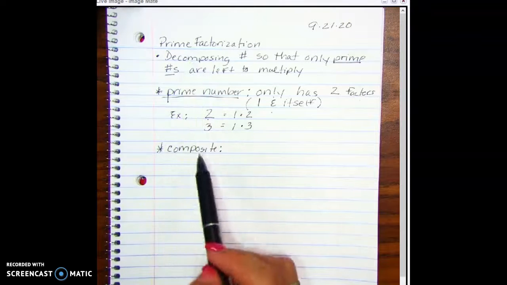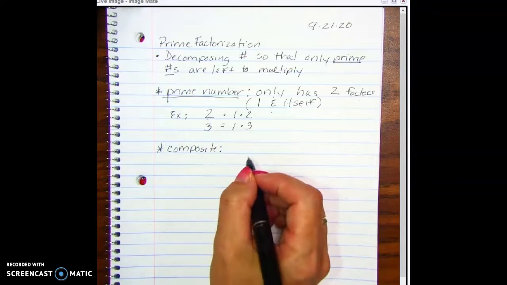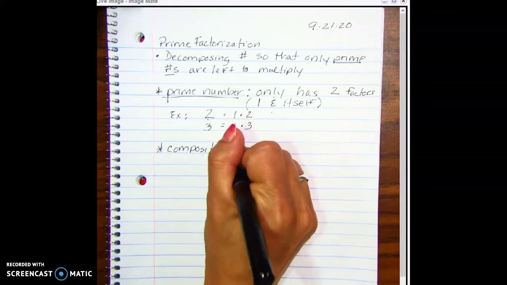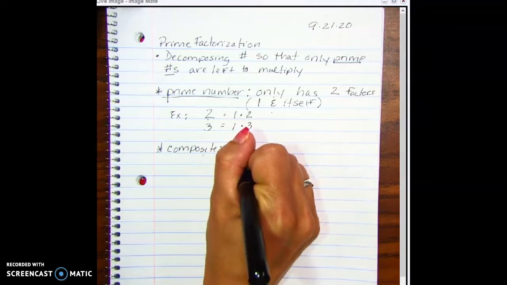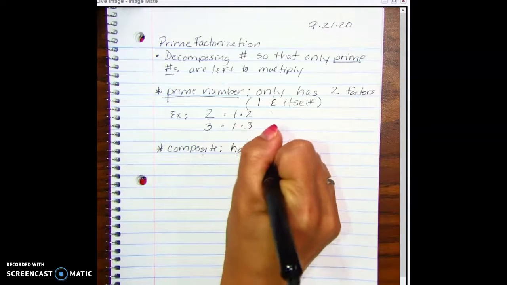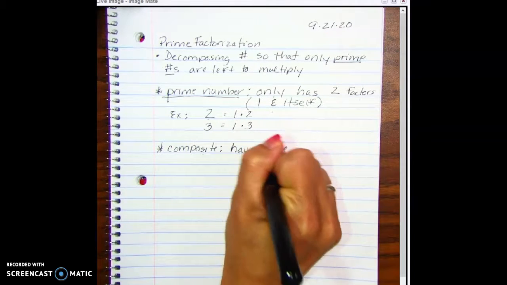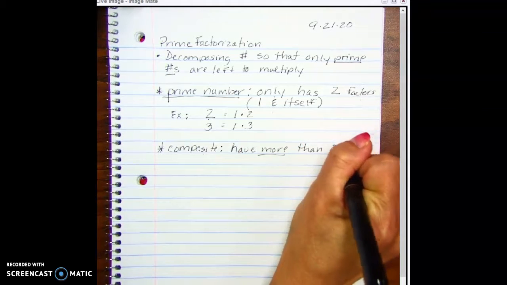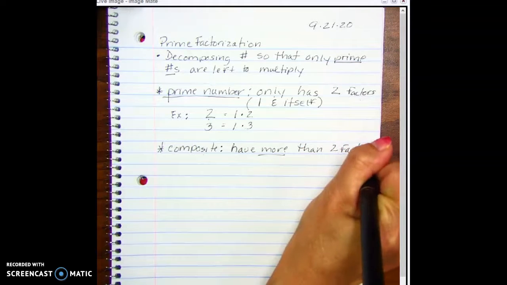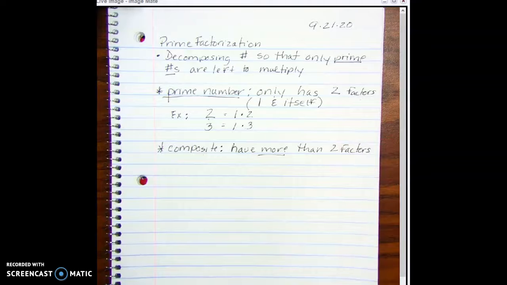Decompose is to break down. Composite means it's not broken down. So basically, composite numbers have more than 2 factors.